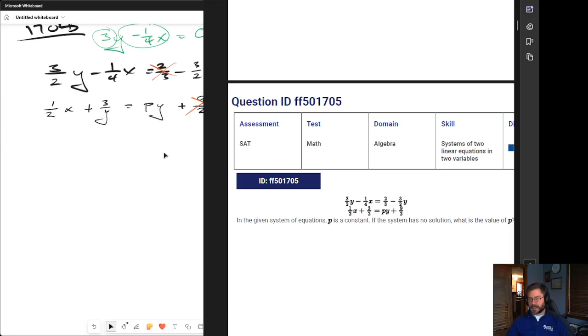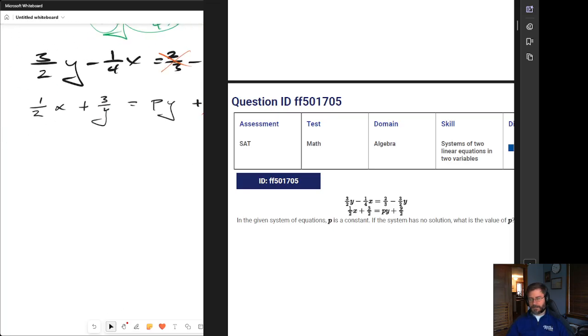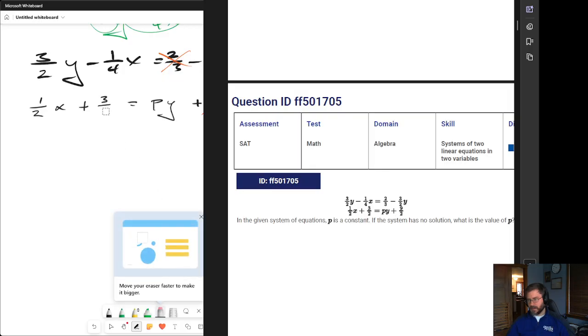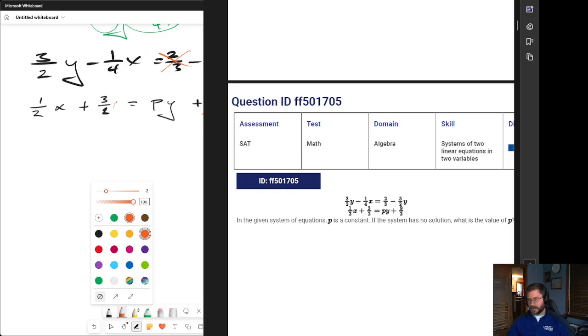The next expression here gives us 1/2 x plus 3. Oh, I wrote a 2 there. That's supposed to be a 2. Pardon me. We don't care about that number either, actually, so we can cross this guy out.